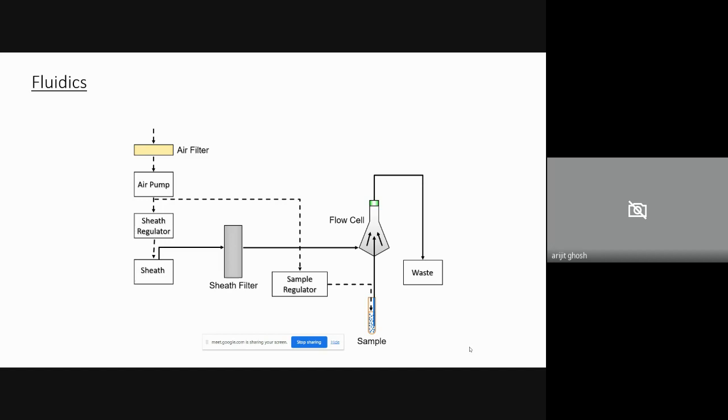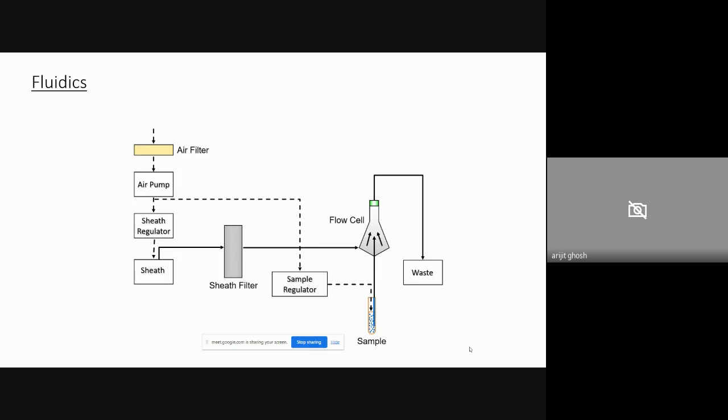Due to the pressure generated in the sheath tank, the sheath goes into the machine and ultimately to the flow cell, and it flows through the flow cell.